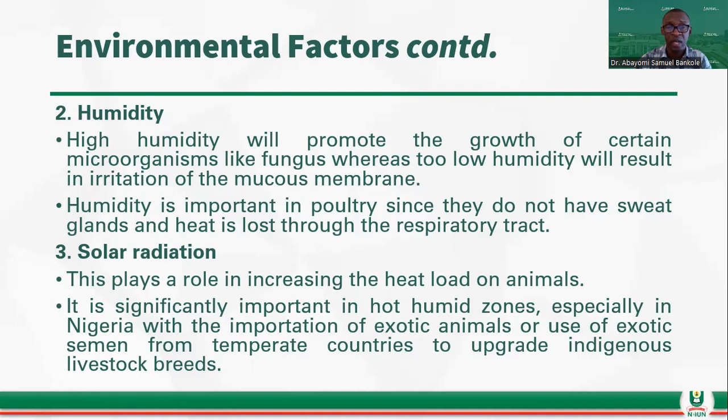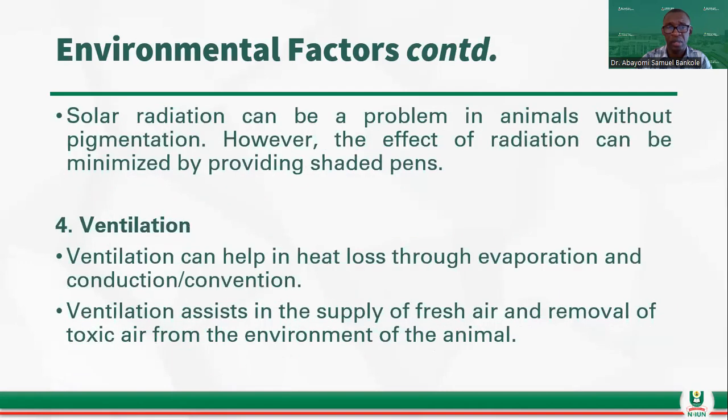It is significantly important in hot, humid zones, especially in Nigeria, with the importation of exotic animals or the use of exotic semen from temperate countries to upgrade indigenous livestock breeds. Solar radiation can be a problem in animals without pigmentation. However, the effect of radiation is minimized by providing shaded pens.